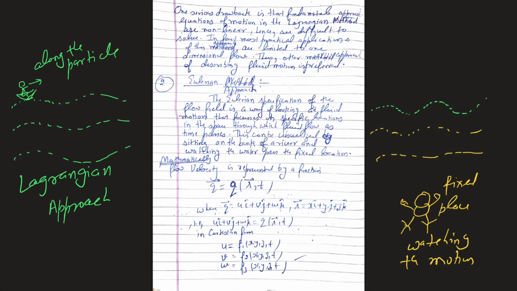So for watching the motion, this much space is available to him. Whatever motion is taking place in this space is visible to him.